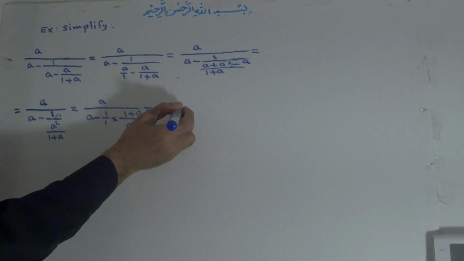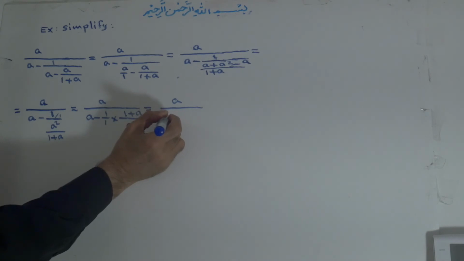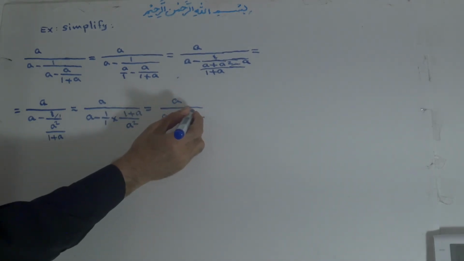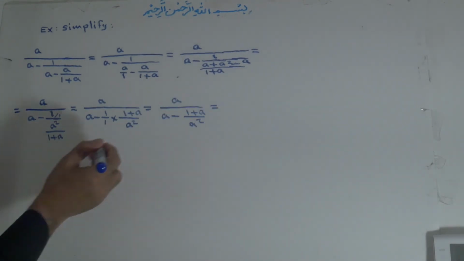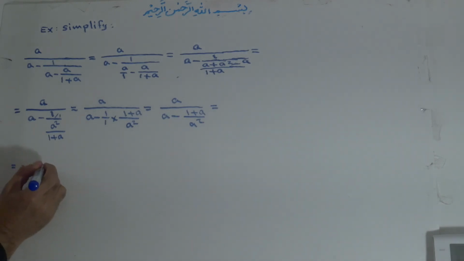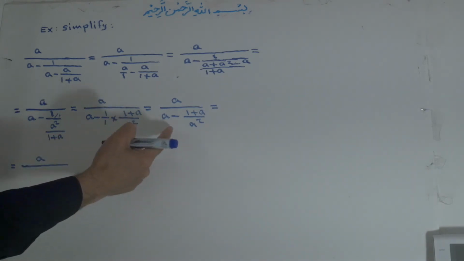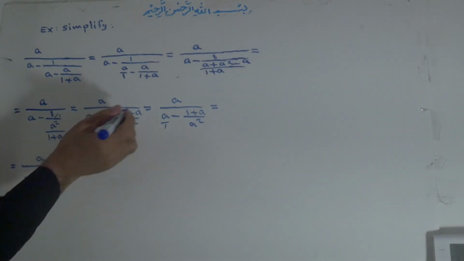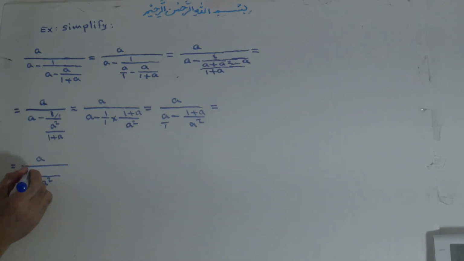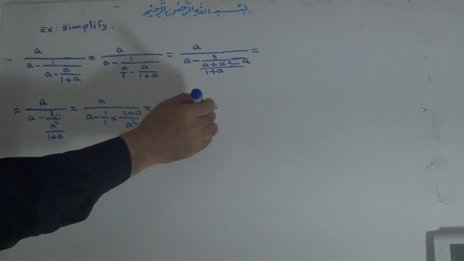Now this one is equal to a over a minus 1 plus a over a to the power of 2, and this is equal to a over, the numerator of a is 1, 1 times a to the power of 2. a to the power of 2 is the common denominator; a to the power of 2 divided by 1 is a to the power of 2, and a to the power of 2 times a to the power of 1 becomes a to the power of 3, and a to the power of 2 divided by a to the power of 2 is equal to 1, times 1 minus a is 1 minus a.